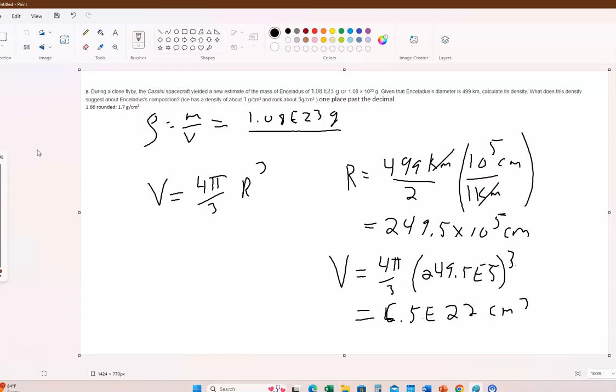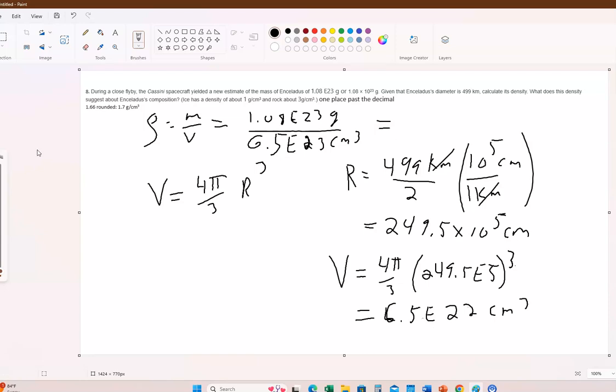So I take that number and I put that right here. I'm actually going to divide by the unrounded number that's in my calculator, but this is basically what I'm doing: 6.5 times 10 to the 23rd centimeters cubed.